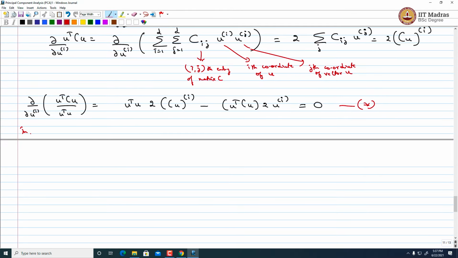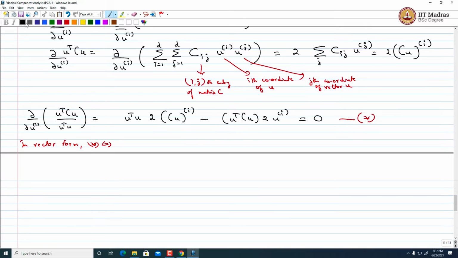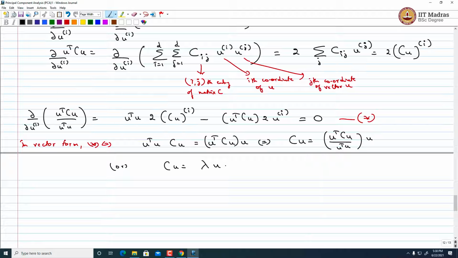Now star in vector form is equivalent to u transpose u, I'll get rid of the 2, times Cu equals u transpose Cu times u, or equivalently Cu equals (u transpose Cu divided by u transpose u) times u, or Cu equals lambda u.